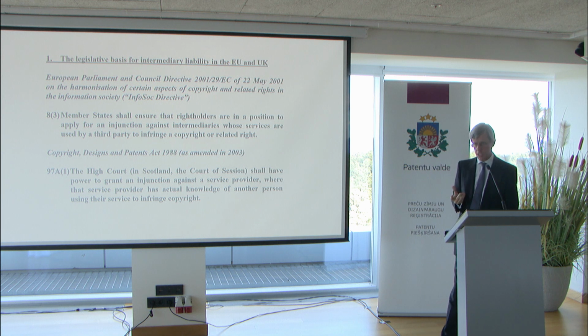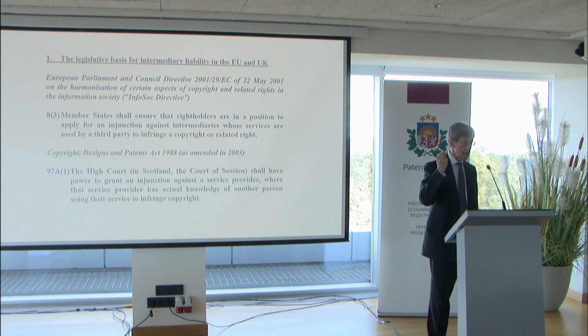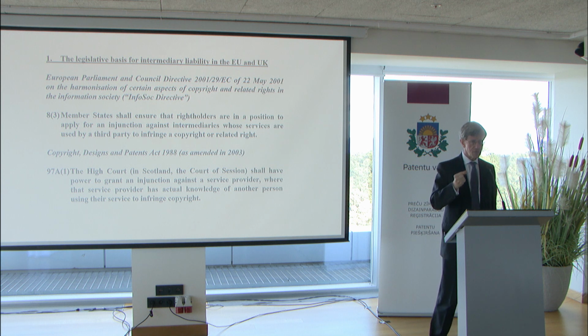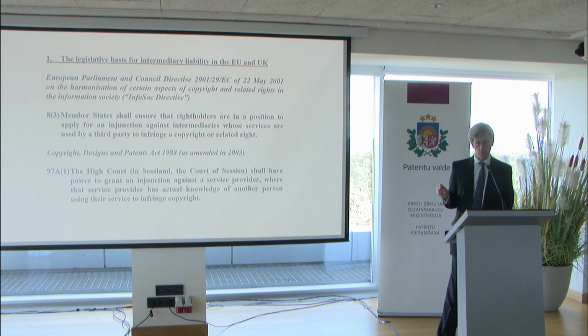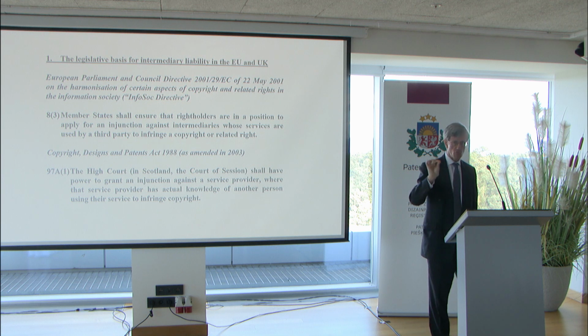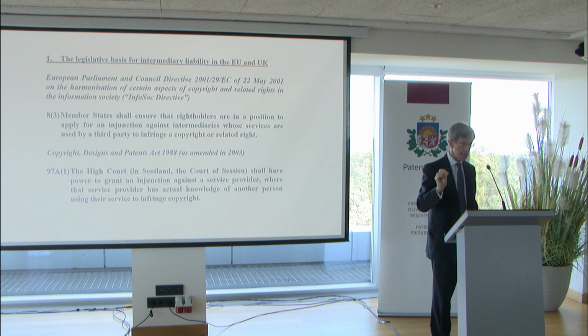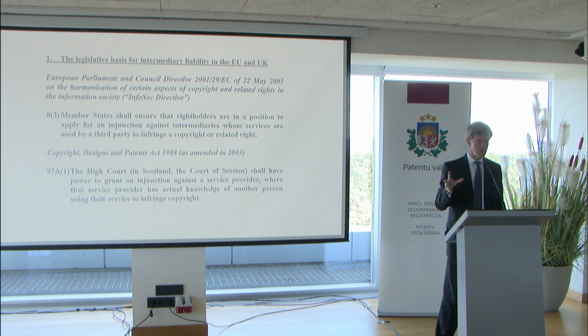The first basis is primary liability. This is where the defendant is himself, herself, itself, the infringer of the intellectual property right. That is to say, that person or entity has done the act restricted by the intellectual property right in question. Recall that intellectual property rights are negative rights.